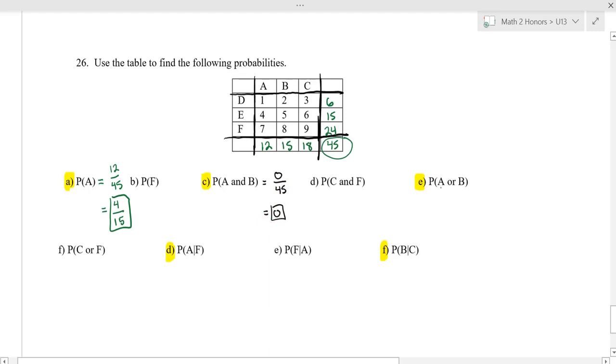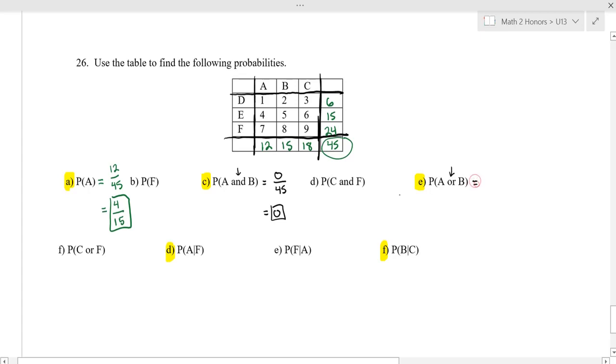On E, I said A or B. Now, when you say the word or, it's a little different than and, where you need to have both happen at the same time. Or you take one or the other or both, it doesn't matter. Or is a much more accepting word than the and.